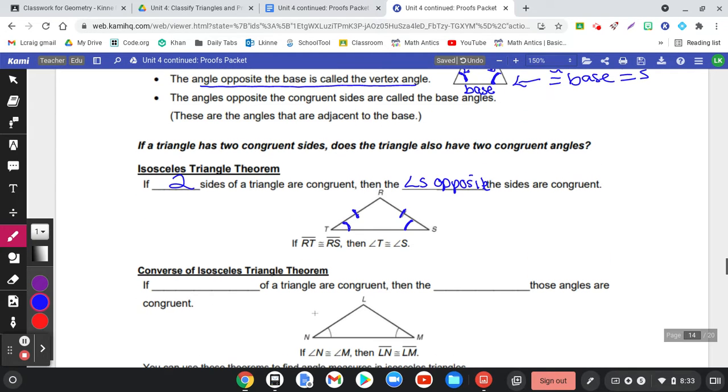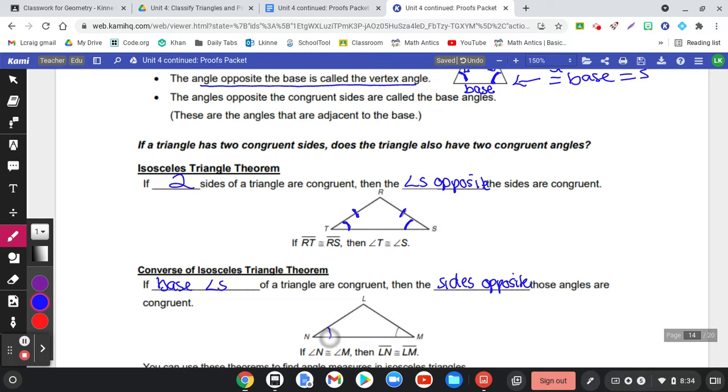The converse is true as well. All right, so if the base angles of a triangle are congruent, then the sides opposite those angles are congruent.